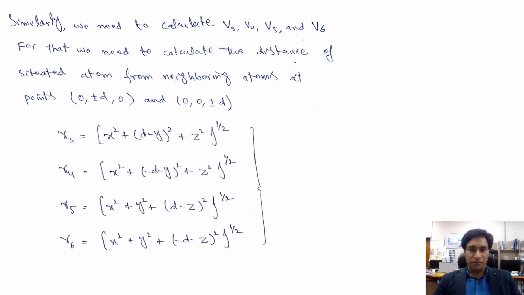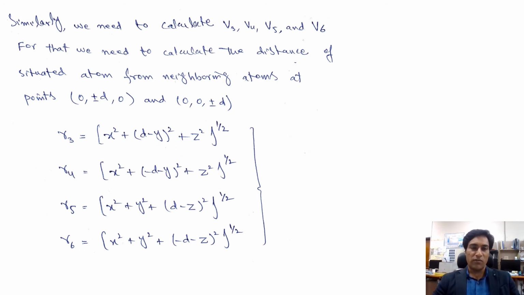So if we have the position vectors, then it is very easy to calculate the value of V3, V4, V5 and V6. So here I mentioned from these points that r3 is equal to x square plus d minus y whole square plus z square, the power is 1 over 2.